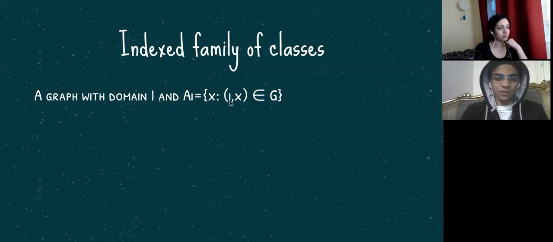The domain is the first element in the ordered pair, i and x. When I say that this belongs to G, I'm saying that the domain of G is I. This is the first part, and A sub i resembles all the x, which resemble the codomain.